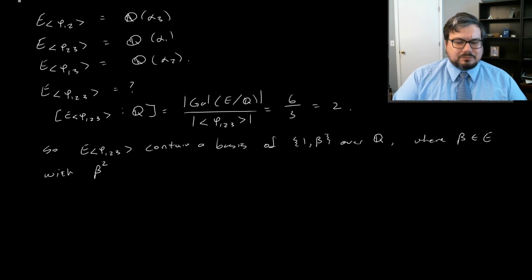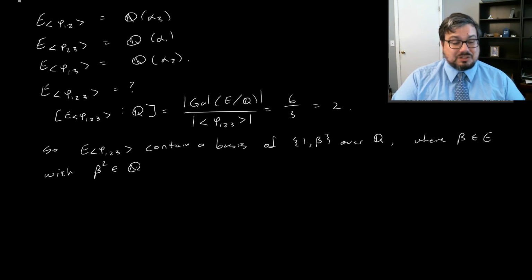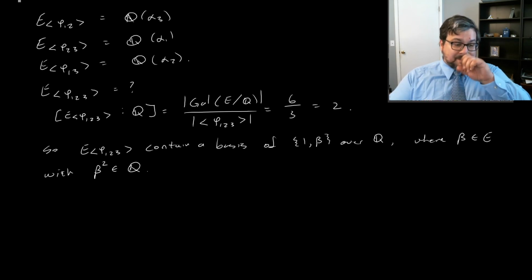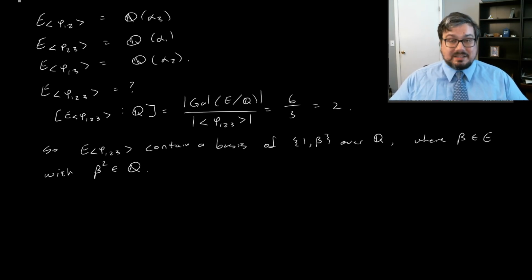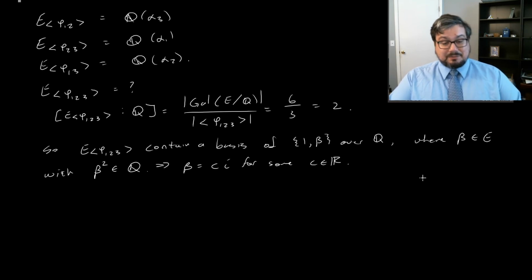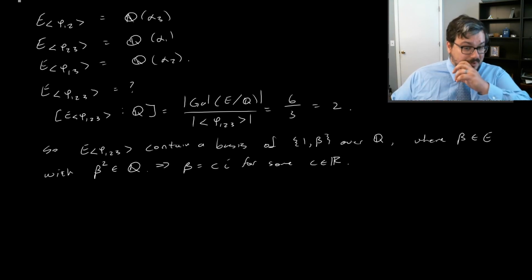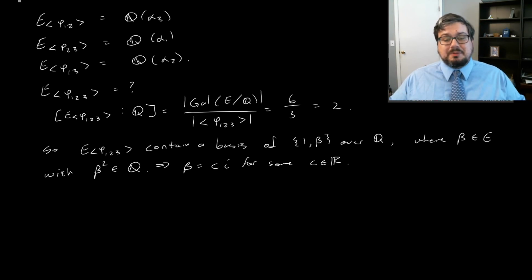And in fact, we can guarantee that this has to just lie in Q. So we're looking for an element beta whose square is in Q. Well, this means that beta has to be equal to c times i for some real number c. Because if the square of a complex number is real, then it had to have been real to begin with, or a purely imaginary number.